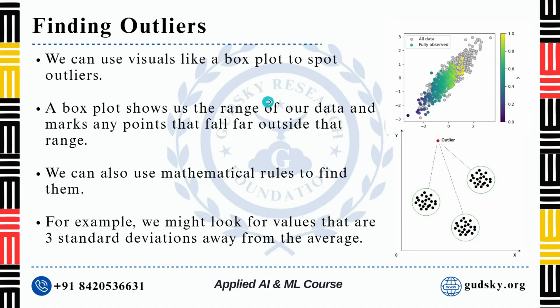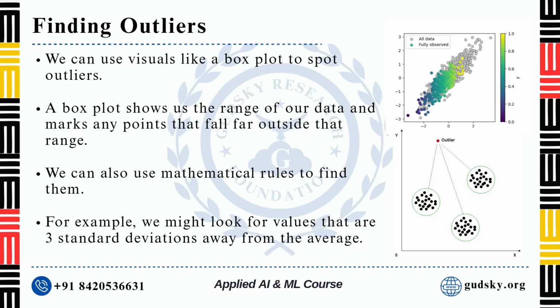So, how do we find these odd ones out? One of the best ways is to use a visual tool called the boxplot. You can see here how this looks. A box plot gives us a clear picture of the range of data. Any data points that fall far outside of the main box and the whiskers are flagged as outliers.